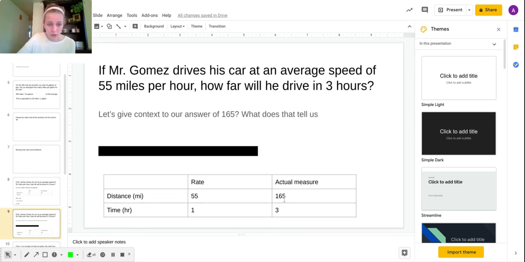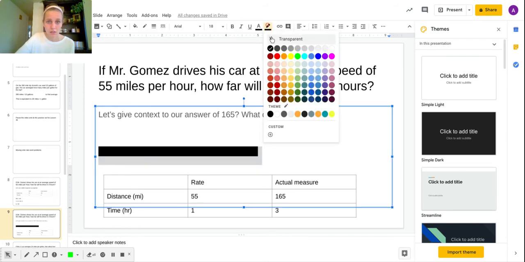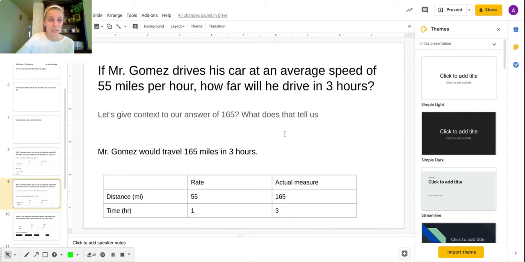Okay, so I know 165 is in my distance row and my actual measure column. So I think that means that Mr. Gomez, if he drove 3 hours, would actually go 165 miles. Okay? Do you see that? Does that make sense? I pray it does. So he's going to travel 165 miles in 3 hours.